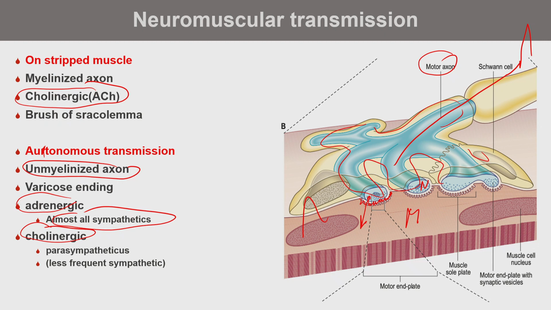They have this brush-like sarcolemma, so the transmission of the electric impulse is slower, but more intense. So you know that smooth muscle has a stronger, long-lasting contraction, but very, very slow.